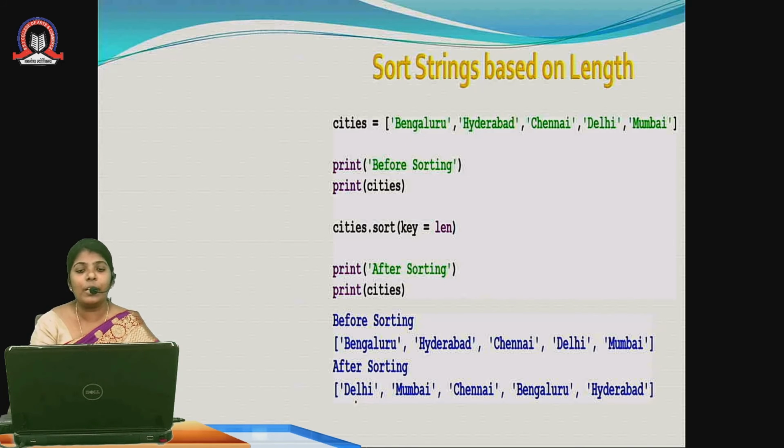After sorting, you can see the output here: Delhi has 5 characters, Mumbai has 6 characters, then Chennai. Like that, based on the length of the string, it has been sorted. If you want to sort based on the length of the string, you use the keyword sort, S-O-R-T.